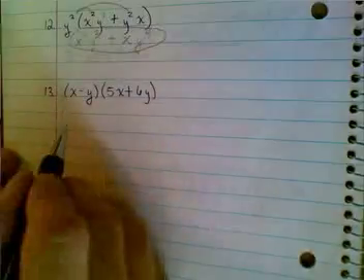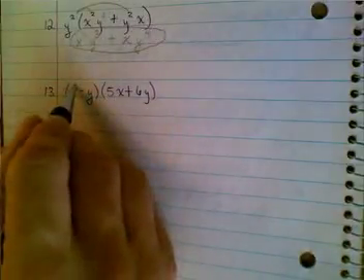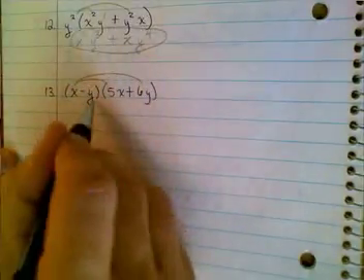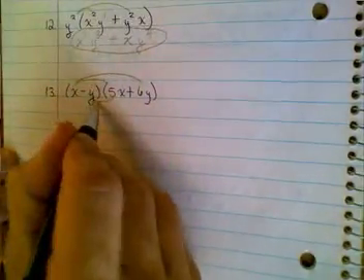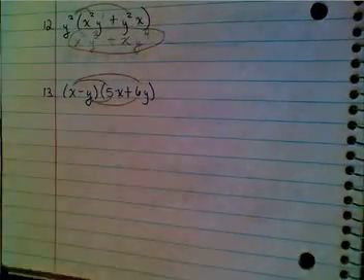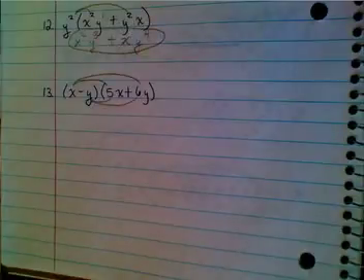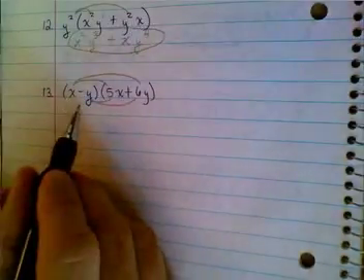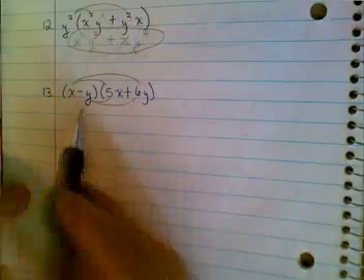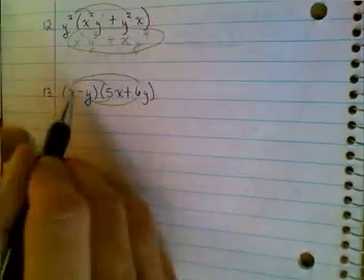And finally, number 13. It's a foiling question with two variables. I do see a lot of quiz questions like this and a lot of test questions like this because we think that it's important that you know how to multiply two variables at the same time. So here we go.